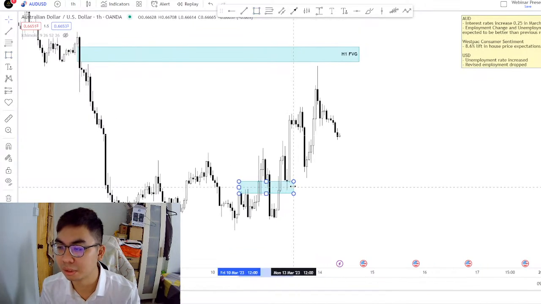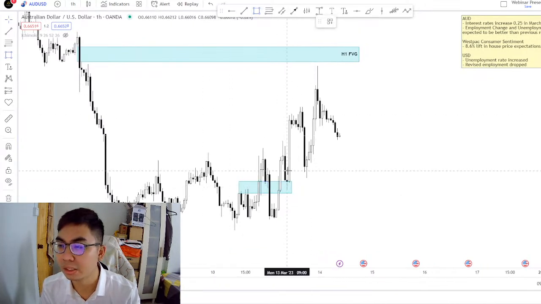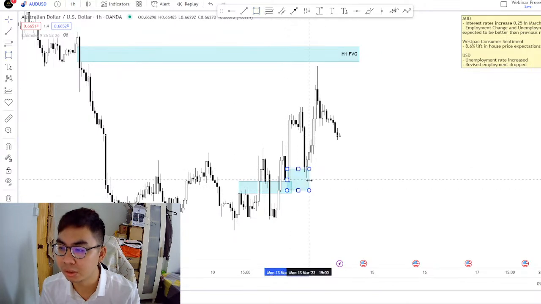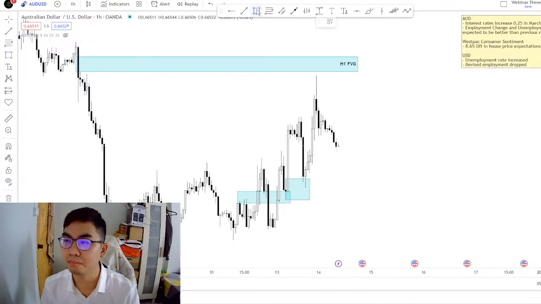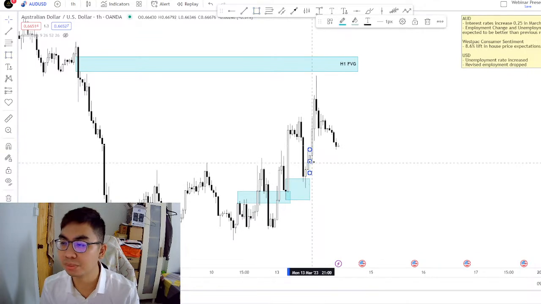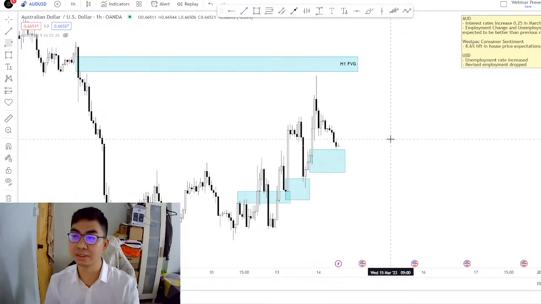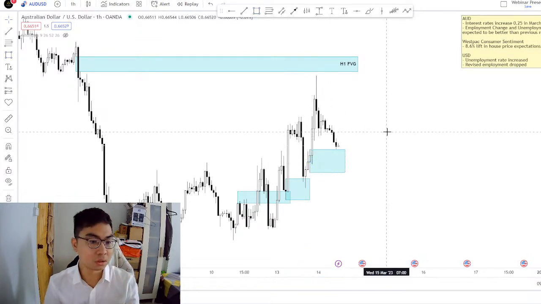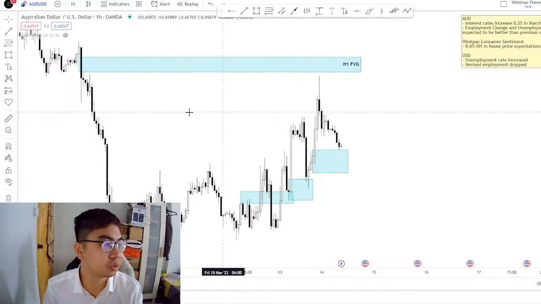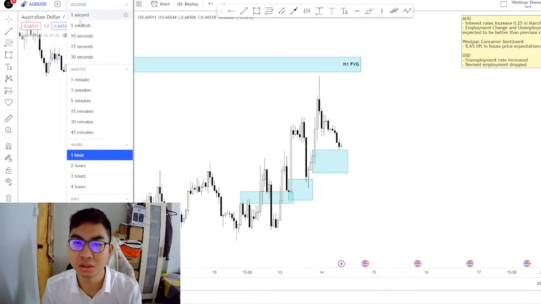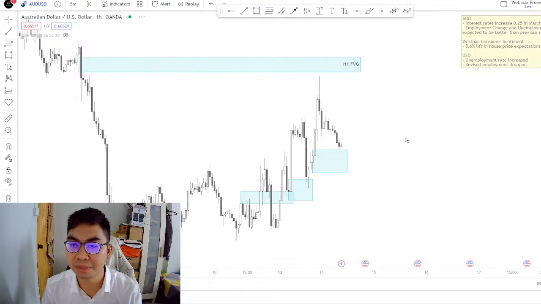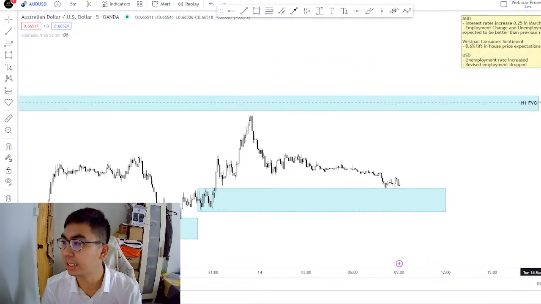Support has been respected. Next, we also have another support area that yesterday price pushed up from. Right now I'm at my current point of interest, this demand area. So how would I have an entry? I'll move down towards the 5 minute chart. This is how I would enter.